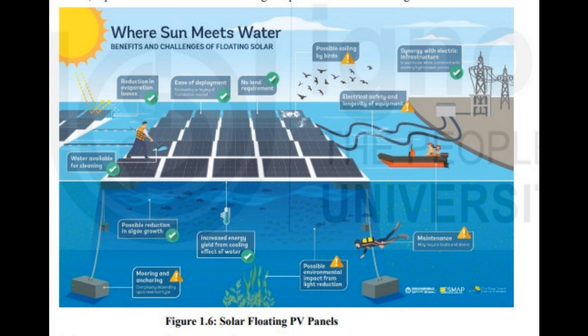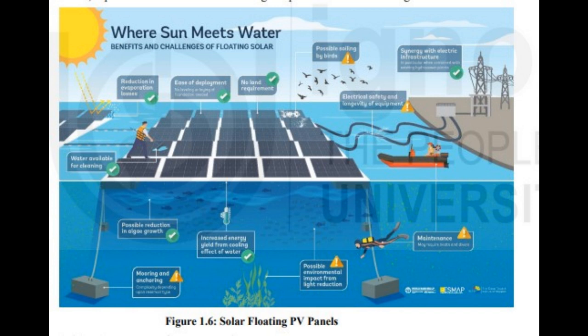The first patents for this type of technology were filed in 2008. Since then, floating solar has mainly been installed in countries like China, Japan and the UK. A solar floating PV panel is shown in figure 1.6. Figure 1.6, Solar floating PV panels.